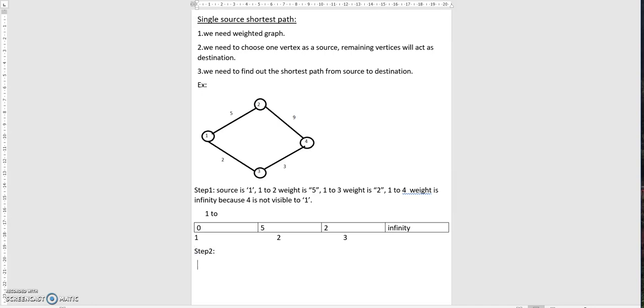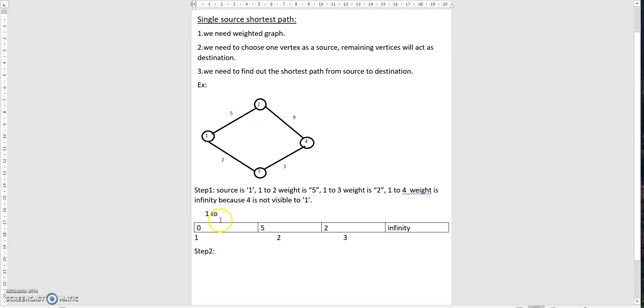Here I need to take another vertex. From the source we have calculated some shortest paths. Next, from the source to another vertex, and from that vertex to other vertices, I need to calculate the shortest path.